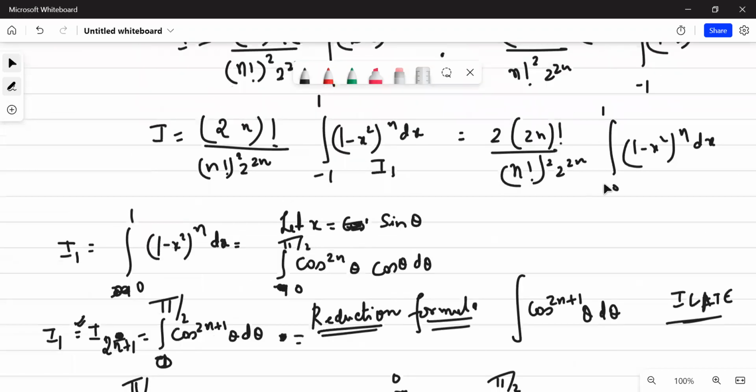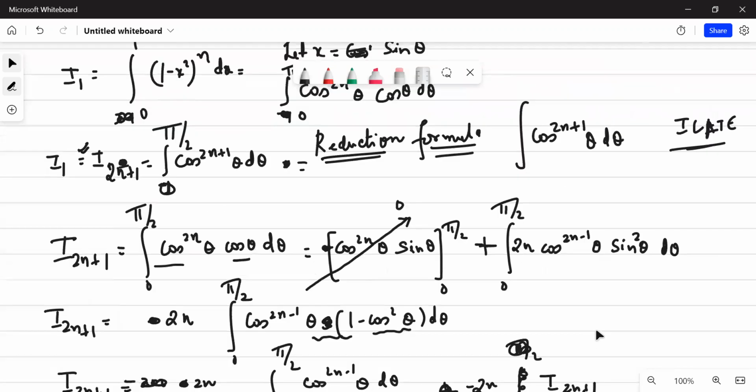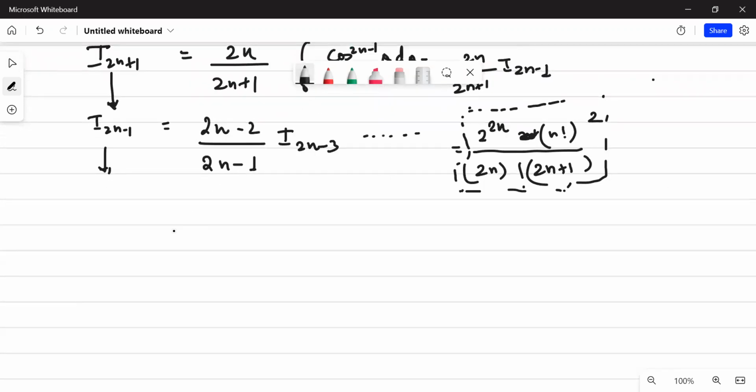So I'll replace this entire thing here, and let's see what we will get the result as. So eventually you know that the integration that we were trying to find was from minus 1 to plus 1 f n x, and then you had this... कहाँ चला गया था ये?